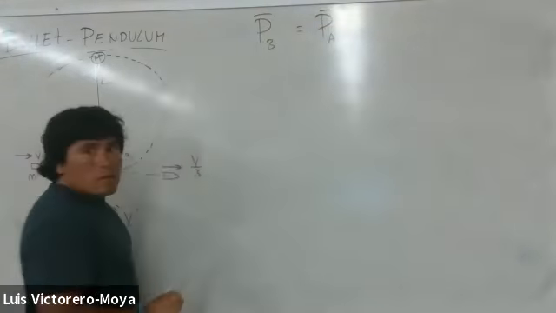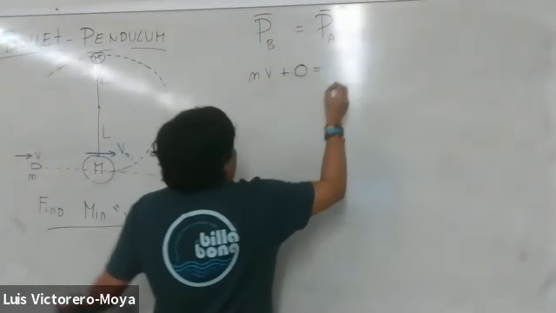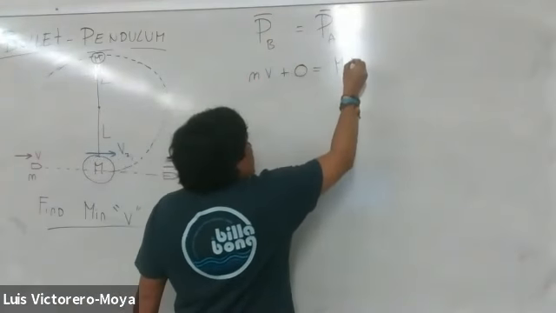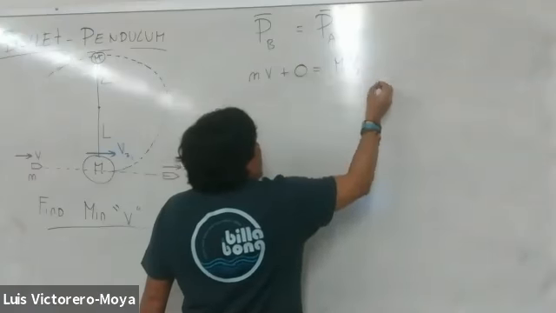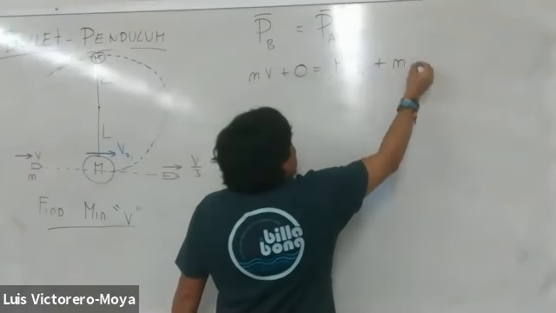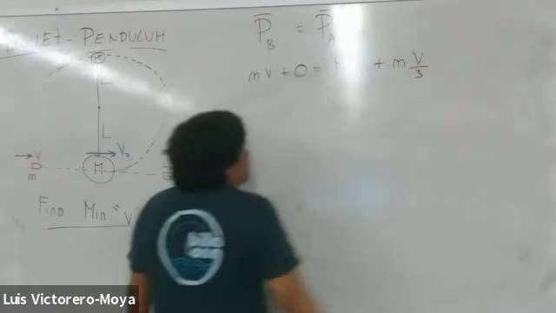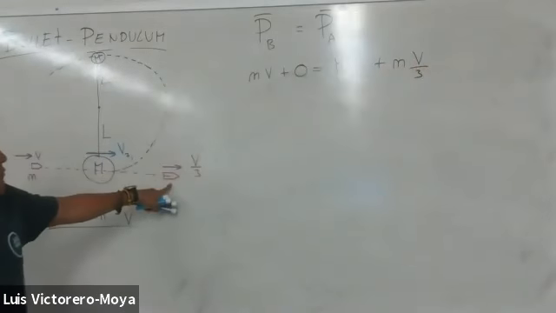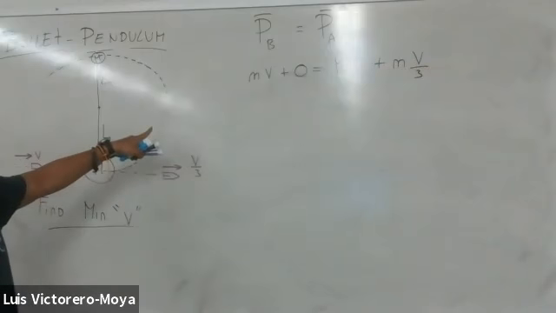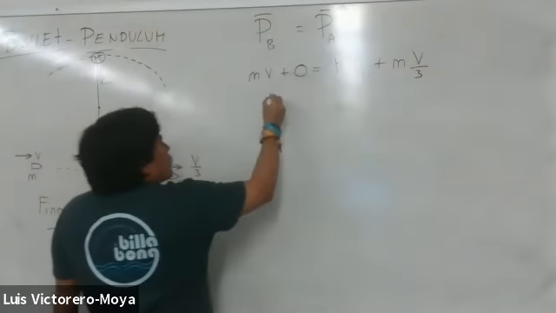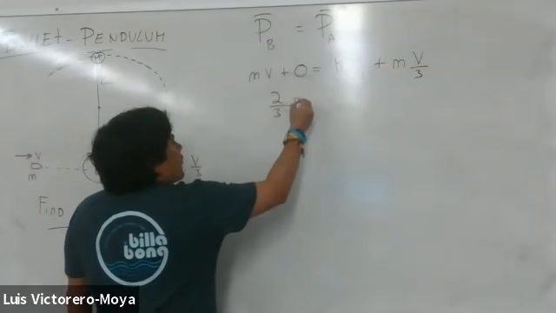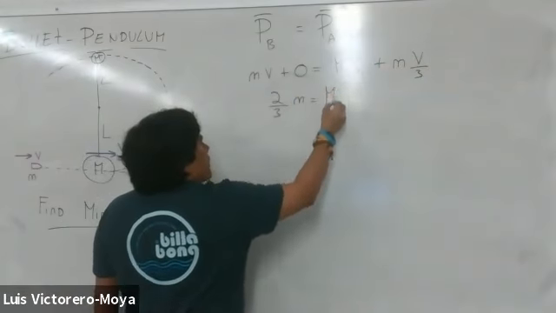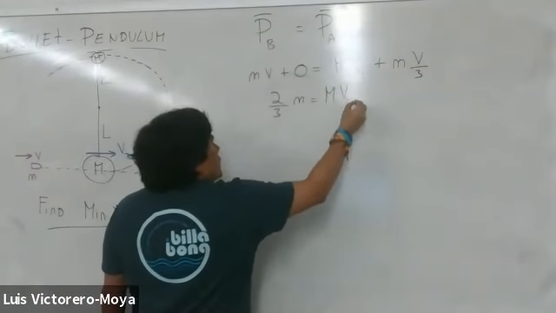The mass of the bullet times v is equal to, plus 0 because the large mass is not moving. The momentum after will be big M times V2 initial plus little m times v over 3. If I do the math, I will get 2/3 of little m times v is equal to big M times V2 initial.